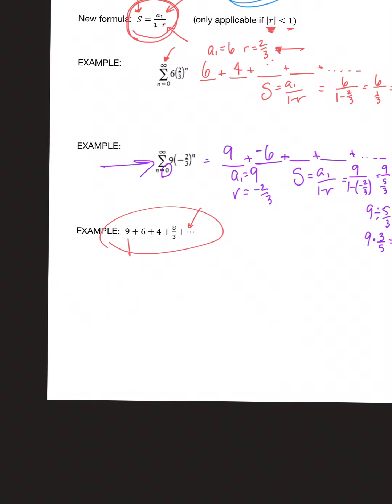I can see that my first term is 9, and I can figure out that my ratio is 2/3. Then I can apply this formula. First term is 9, the ratio is 2/3, so now I have 9 over 1/3, and 9 divided by 1/3 is 27.